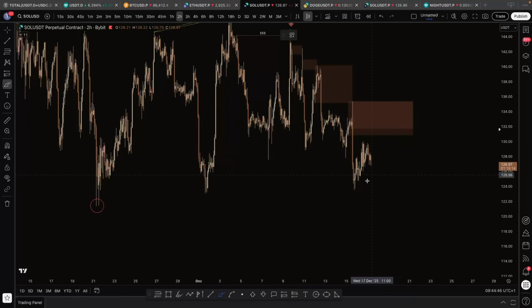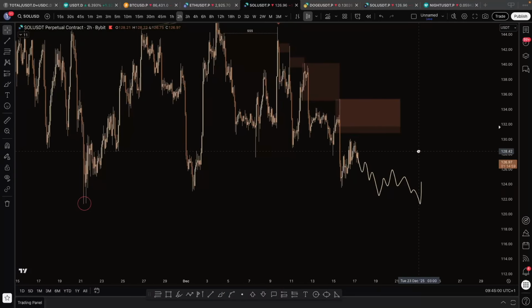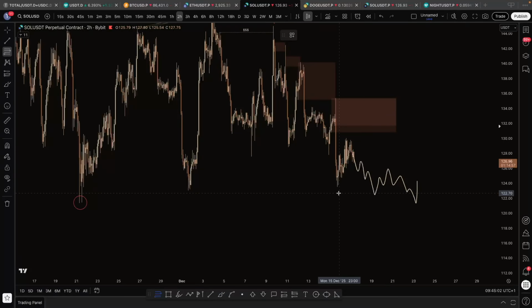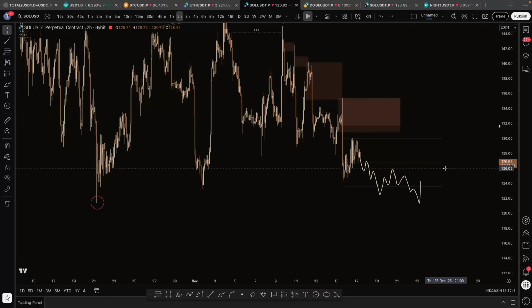We can also go lower right now and have a deviation, go higher, and make a range, have another deviation, taking out that low, break structure. Then we could look at this range from low to high, and we can trade this as an accumulation.